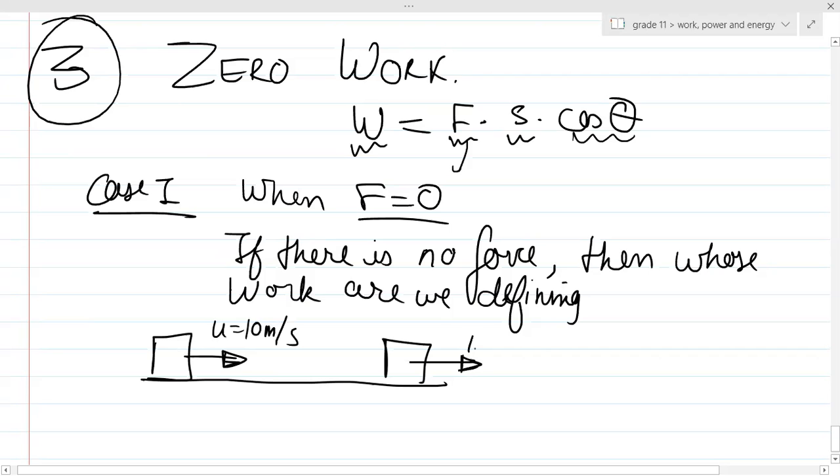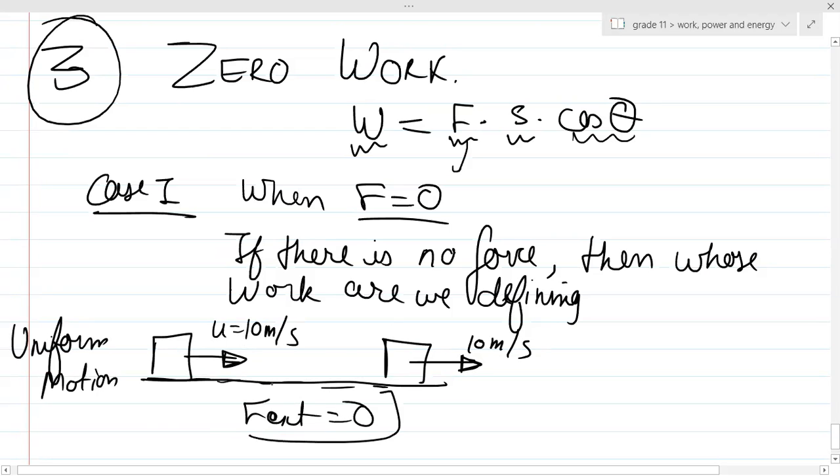It will keep on going at 10 meters per second unless an external force is applied. The movement is there, but in uniform motion, the external force is zero. So if there is no force, then whose work are we defining? No work is done by any force.